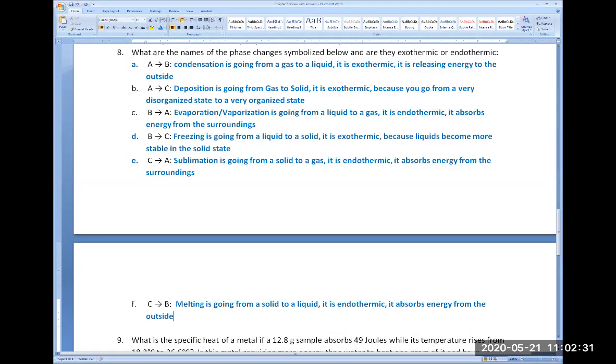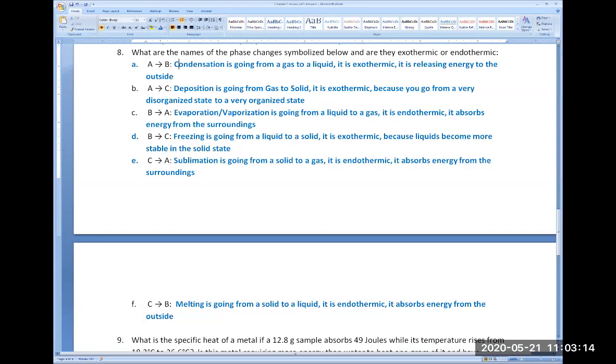Good. So those names, condensation, deposition, evaporation, freezing, sublimation, melting, you need to know those names and what they mean, for example going from a solid to liquid is melting. You need to realize that melting is the opposite process of freezing. If melting is endothermic, then the opposite process, freezing, has to be exothermic. When you know one process is endothermic, the opposite process will necessarily be exothermic.